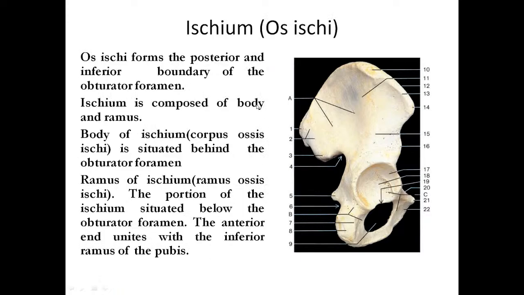Next bone, os ischium. Os ischium forms the posterior and inferior boundary of the obturator foramen. Ischium is composed of body or shaft and ramus.